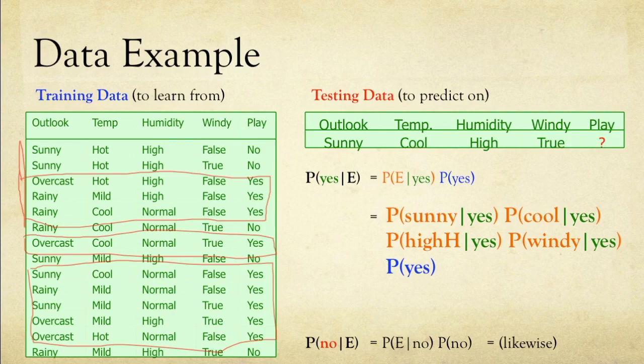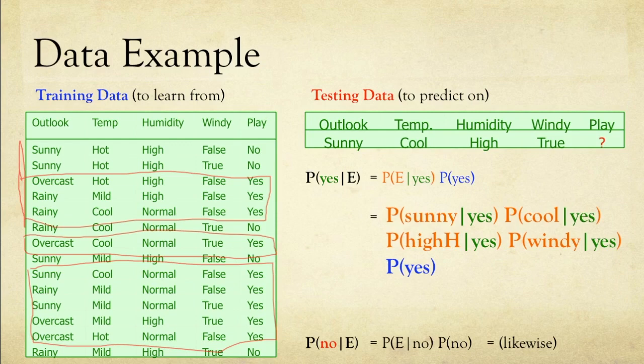So P(sunny given yes) is 2 over 9. Likewise, you can compute the probabilities for P(cool given yes), P(high humidity given yes), P(windy given yes). And with all these probabilities, you should be able to compute the overall probability of P(yes given evidence). Okay, so we can compute the yes part.